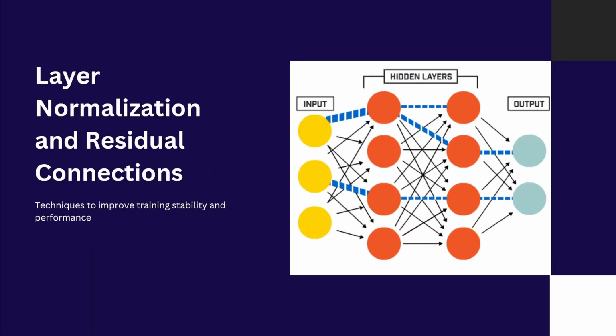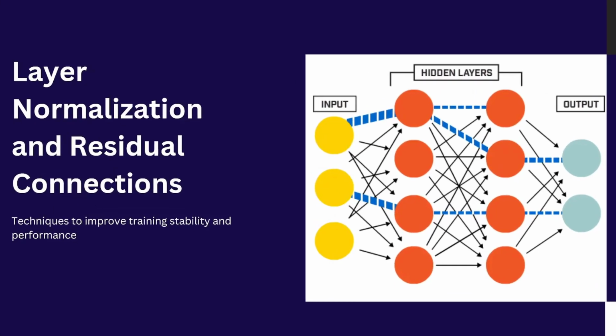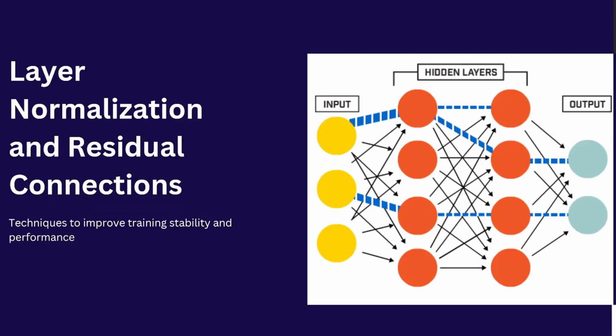The next one is layer normalization and residual connections. These are two techniques used within the transformer architecture to improve training, to improve stability, and to improve performance.